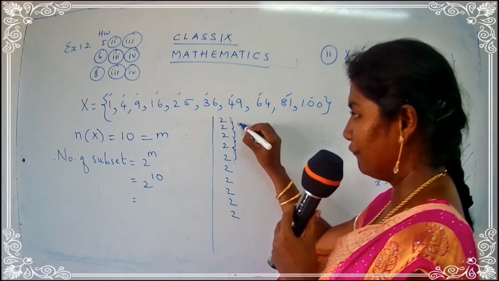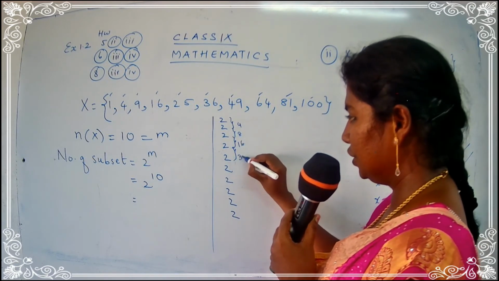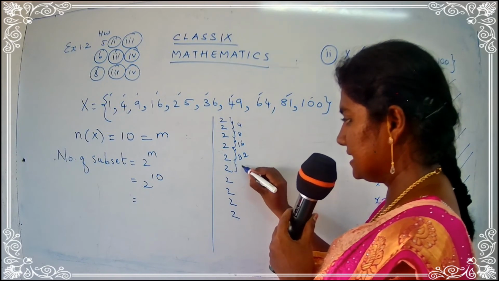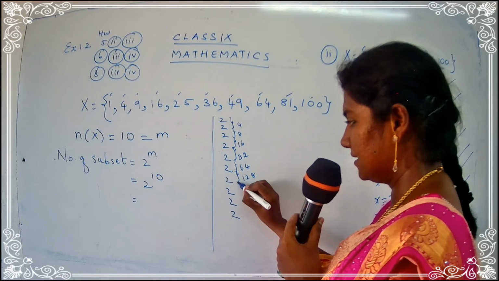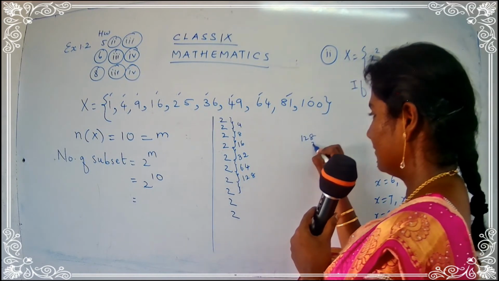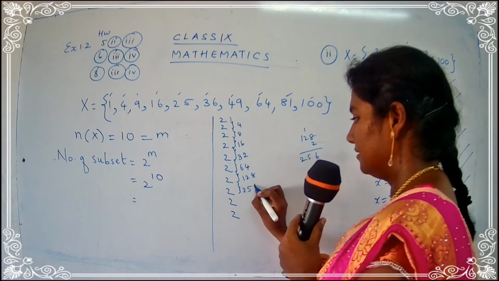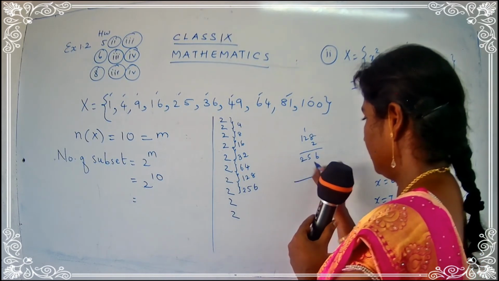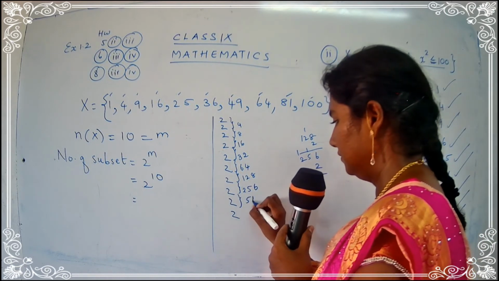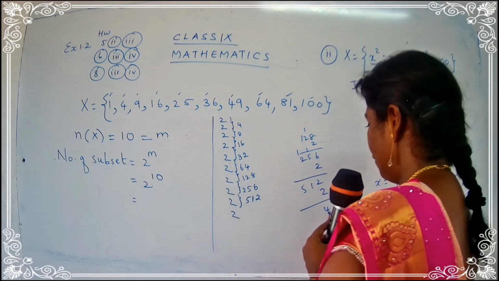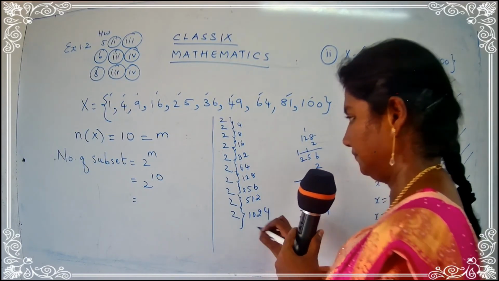I'll go on writing 4, 8, 16, 32, 64, 128, 256, 512, 1024.